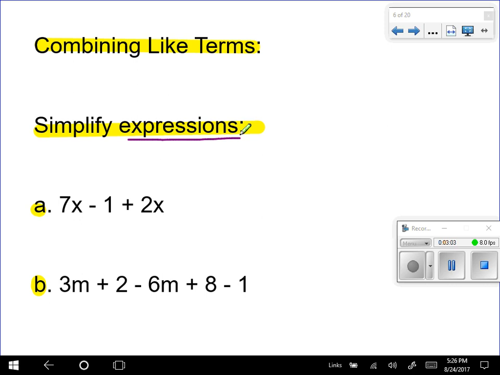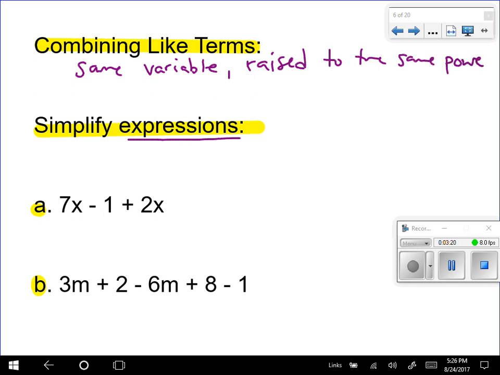So, combining like terms. We can only combine like terms when they have the same variable raised to the same power. We won't deal with much of being raised to the same power right now, but definitely the same variable. We can only combine them if they have the same variable, or if they are constants, then we can also combine them.